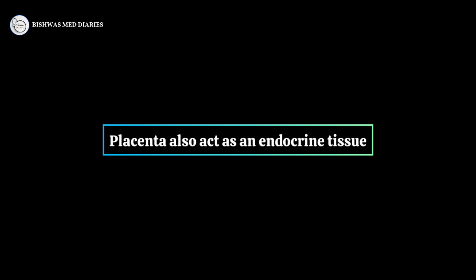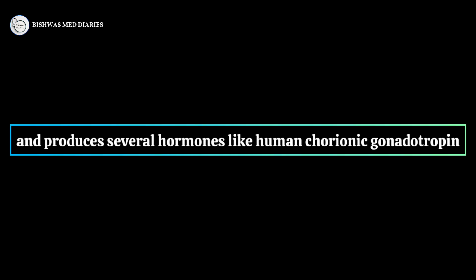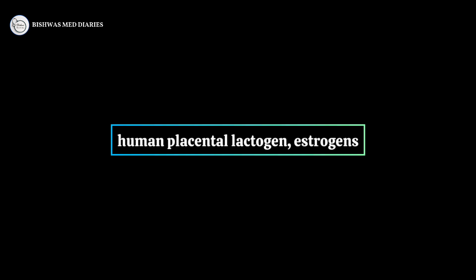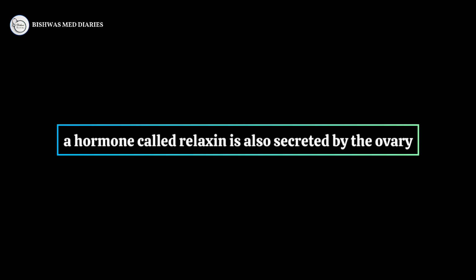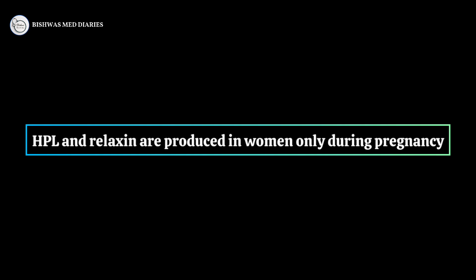Placenta also acts as an endocrine tissue and produces several hormones like human chorionic gonadotropin, human placental lactogen, estrogens, progestogens, etc. In the later phase of pregnancy, a hormone called relaxin is also secreted by the ovary. Let us remember that HCG, HPL and relaxin are produced in women only during pregnancy.